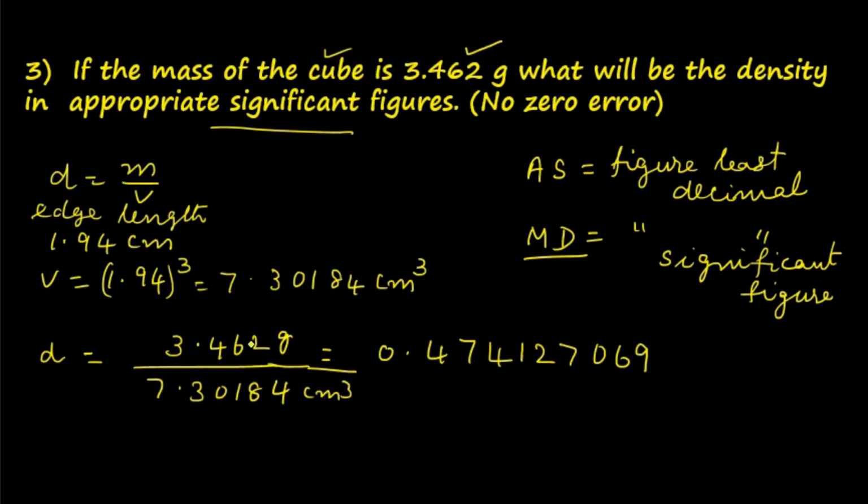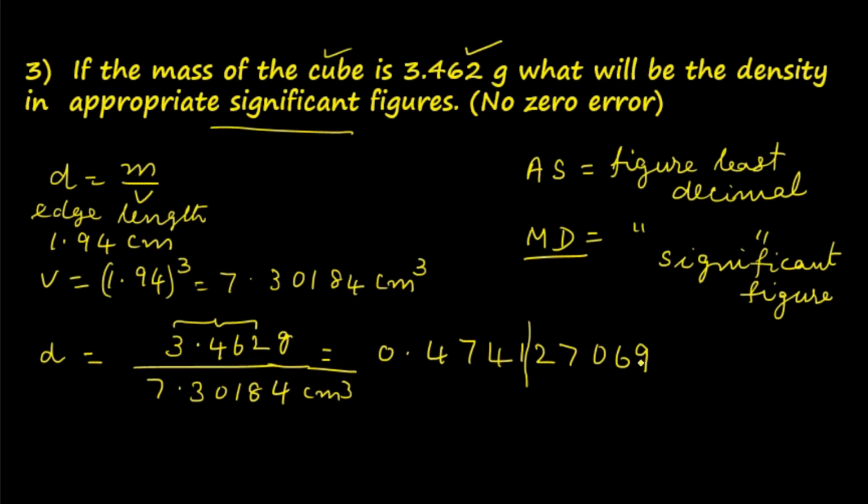This is the figure with the least significant figures and it is equal to 4. So we have to have 4 significant figures in the answer. We have to consider the rules of significant figures. 0 preceding the decimal point is not significant. So 4 significant figures will come up to 4741.